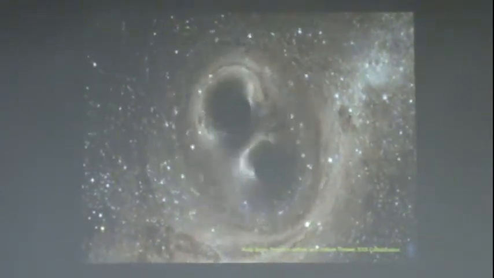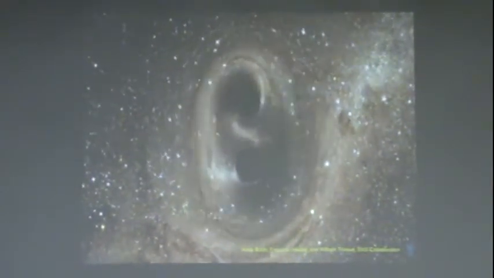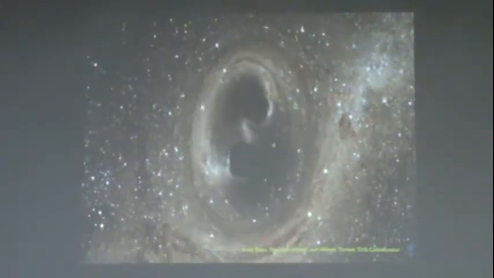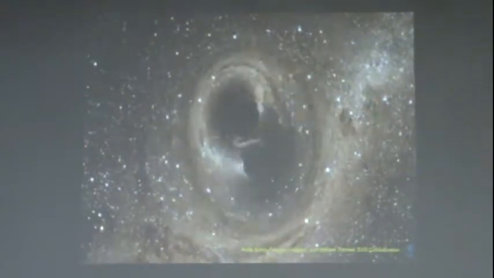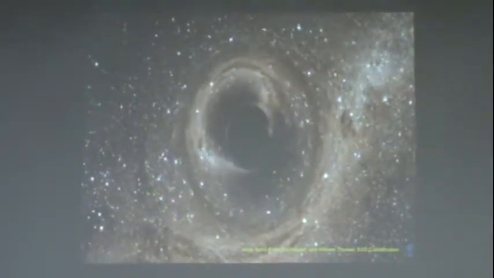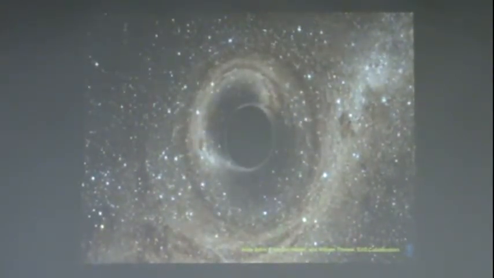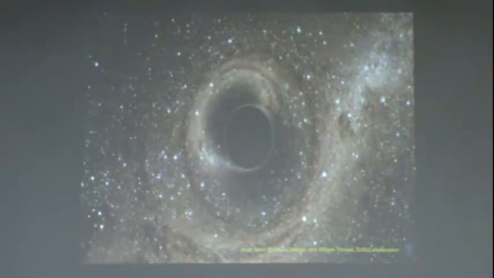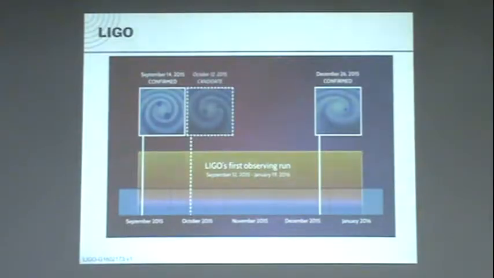So these two black holes are orbiting. If you pay close attention, you'll see that the orbit is decaying, and they're getting close to one another and speeding up, and eventually their event horizons touch. And when they touch, they produce this burst, and that burst is basically the last gravitational wave. So what's left behind is a bigger black hole.